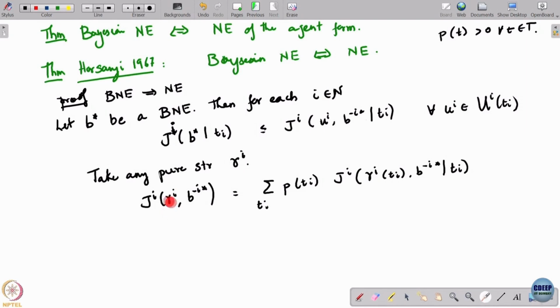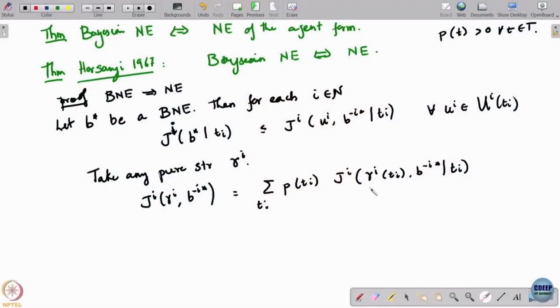So, here is the payoff that I am writing, for a pure strategy gamma i, where the others play behavioral strategy B minus i star. Now, when I say play pure strategy gamma i, essentially it means that I am going to take an action gamma i of Ti when my type is Ti, and when I take that action, the payoff that I get is this thing here, and then I am averaging by taking expectation over Ti.